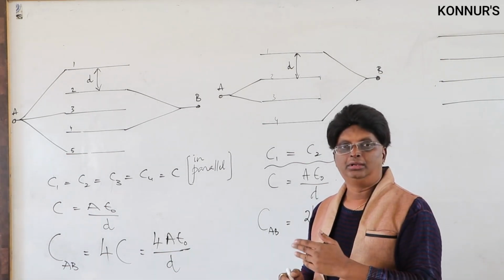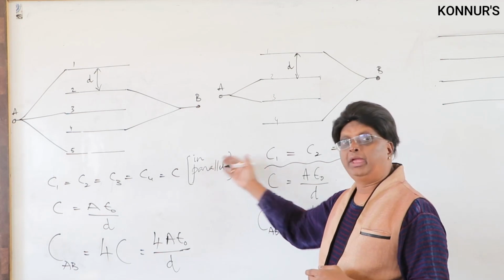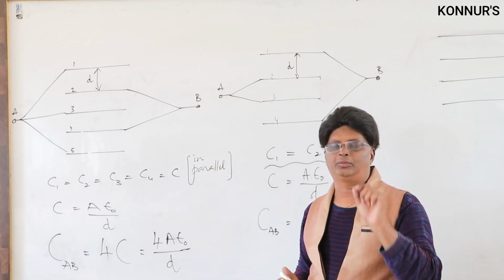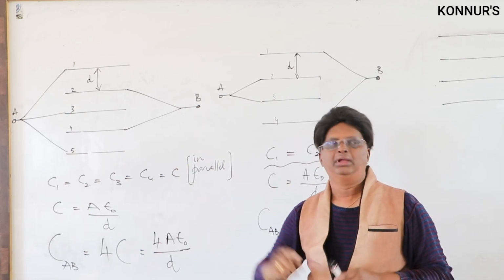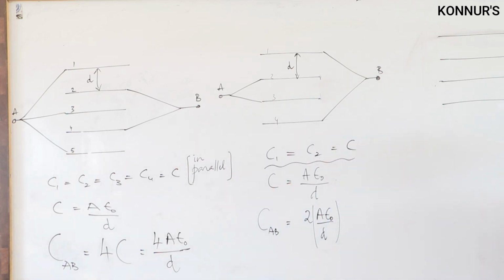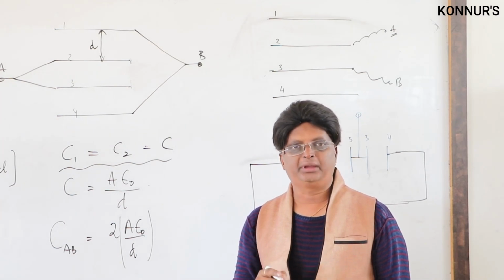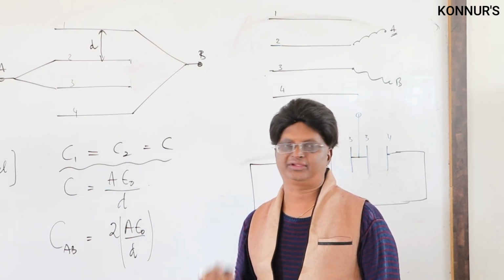That's the key point. Now, when you have understood these two examples, I would like to do the same example with another type of connecting points, an arrangement of plates, but with another small difference you will find in the next example.